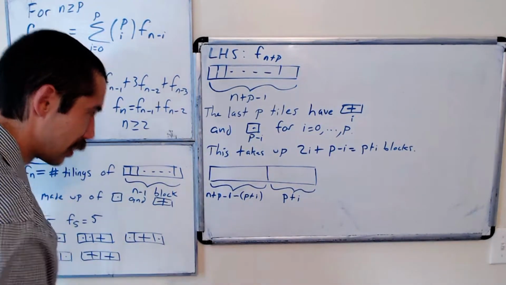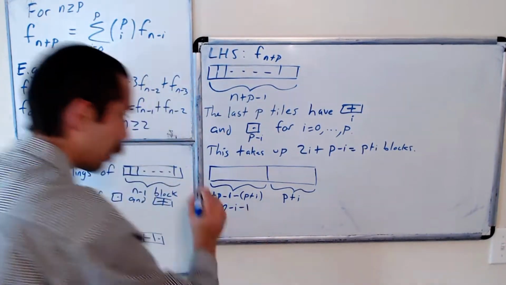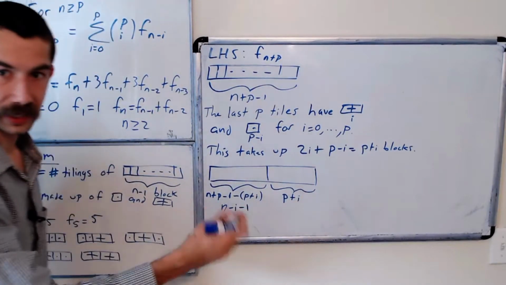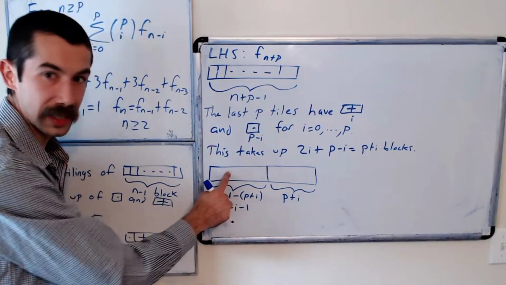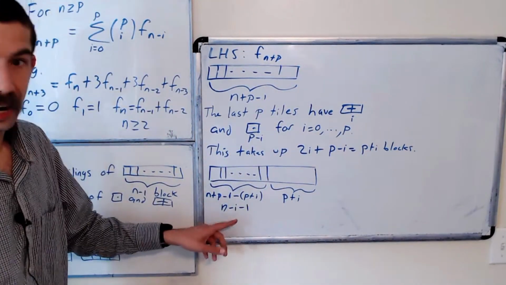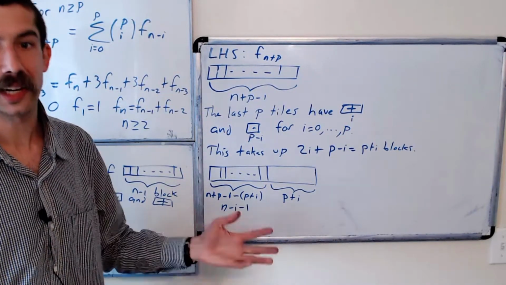Okay, simplifying this is n minus i minus 1 blocks to start and p plus i to end. These n minus i minus 1 blocks can be tiled any which way. We said nothing about them.